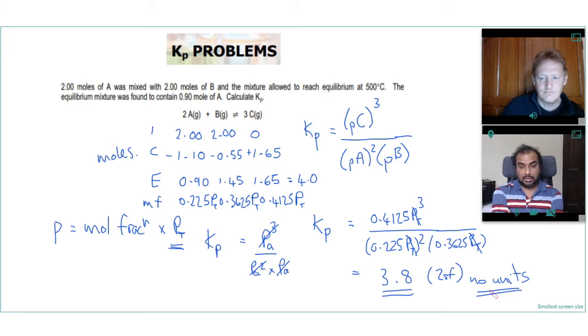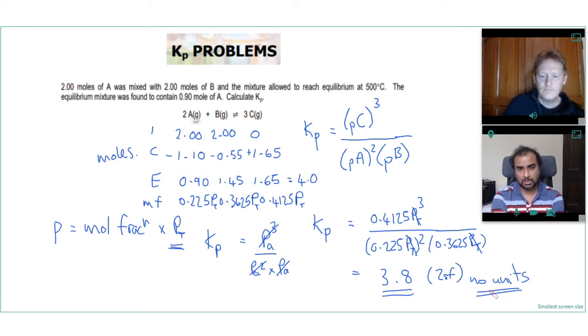Yeah, great. And while you were doing that, I was also wondering what happens. We don't know the total pressure, and it happens to be the case that because there's a cube there, a square, and one there, the pressure does actually cancel out due to equivalent fractions. But what would happen if it didn't?